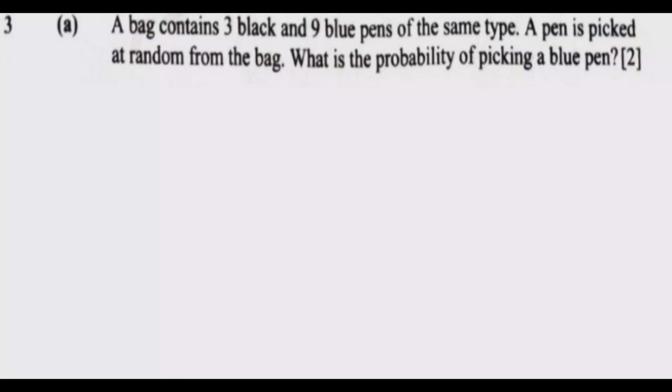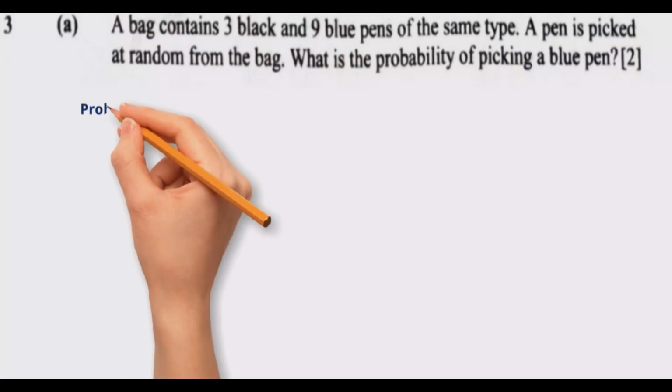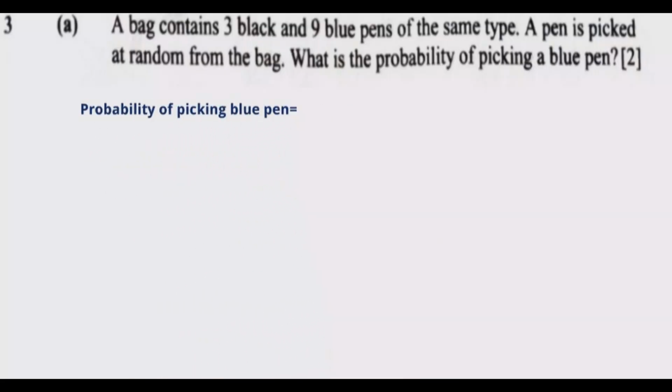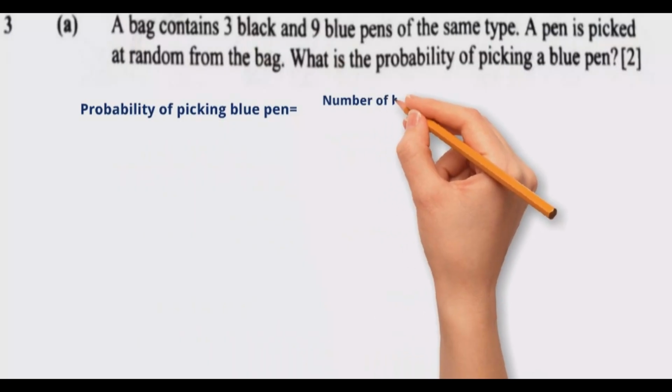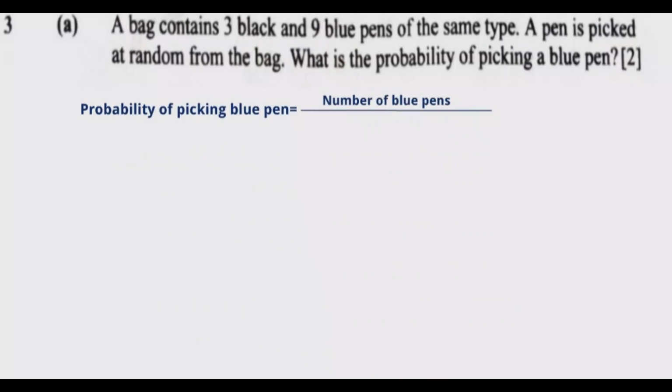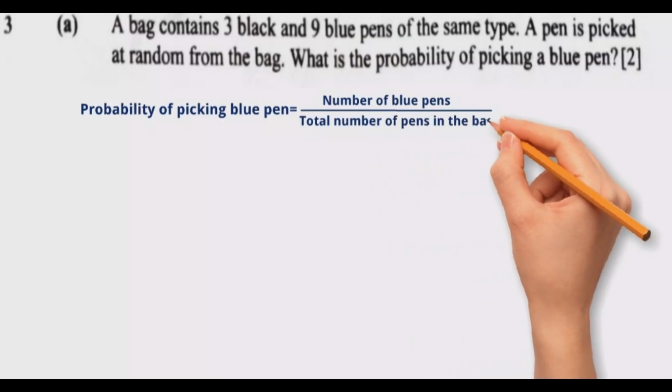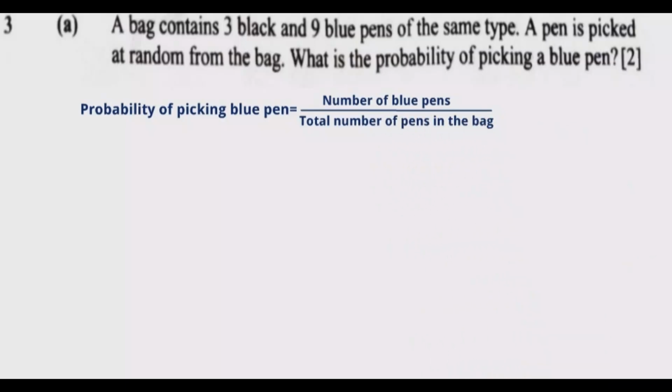Okay, so to find the answer for this one, first we are going to come up with the formula, which is probability of picking a blue pen is equal to the number of blue pens over the total number of pens in the bag. First of all, we know that the number of blue pens is 9.